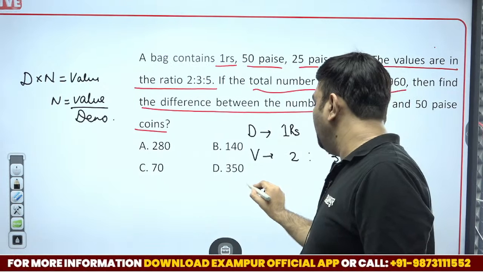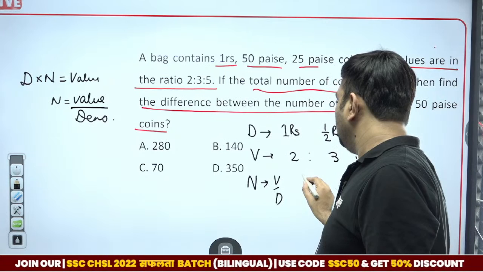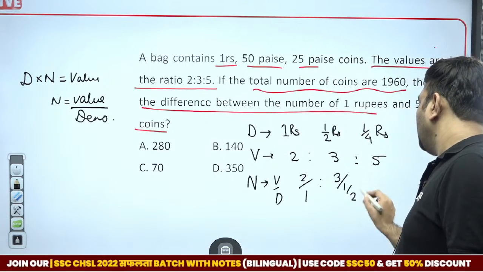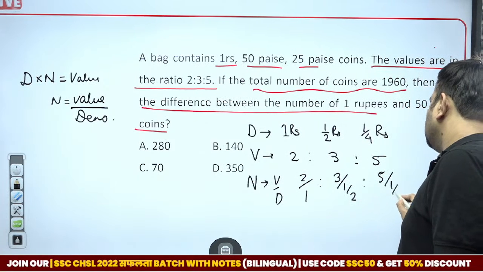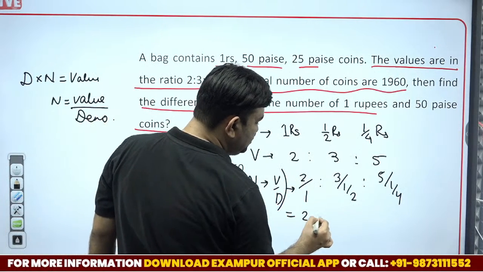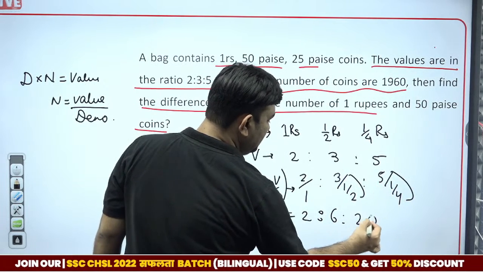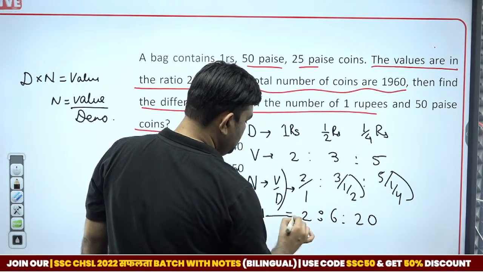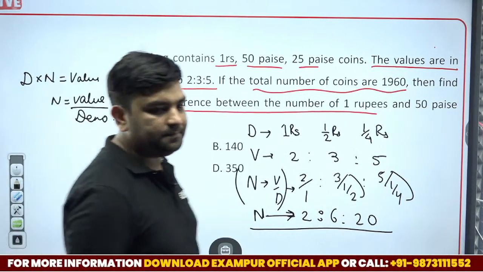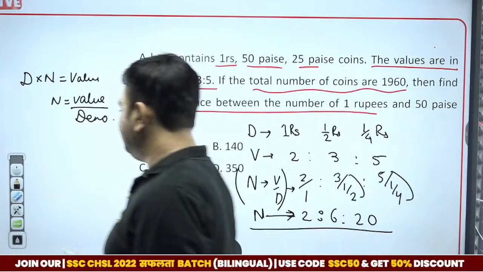So 2/1, 3/(1/2) and 5/(1/4). That gives 2:6:20.